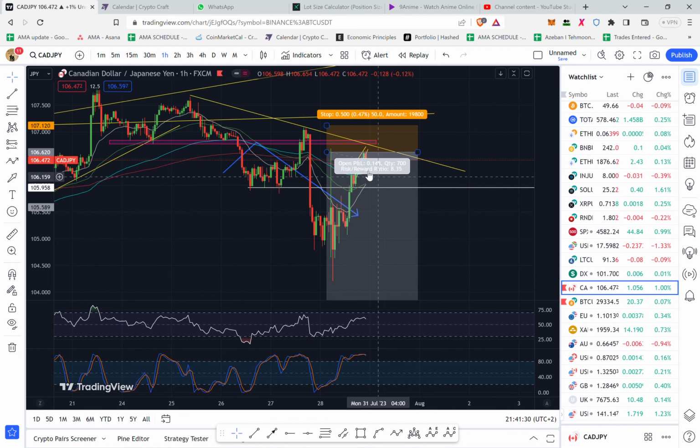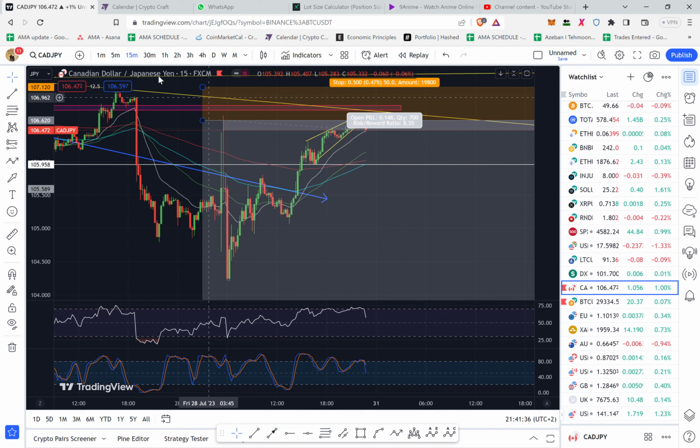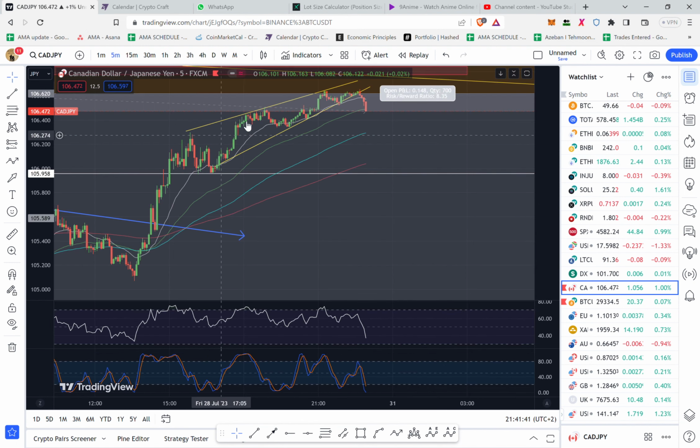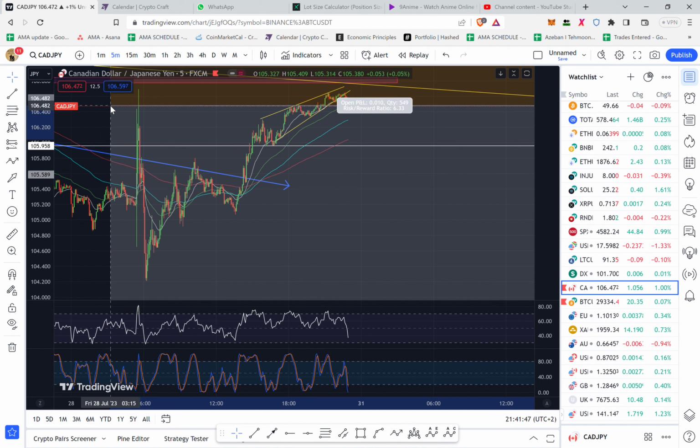What we will find is that we are retesting this level of the trend line. If you go down to the lower time frame, like the 5 minute, you will find that we have this rising wedge forming right here, and we have a breakout. So once the week opens, I'll be entering the trade immediately. Around this level, I'll be entering the trade.